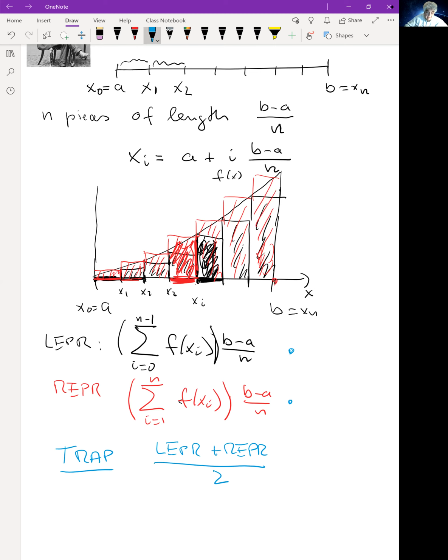And the reason why this is called the trapezoidal rule is that if you take a black rectangle like this, and you take a red rectangle like this, so the black comes from the left endpoint rule and the red from the right endpoint rule, and now if you take the average of the area of these two rectangles, you get the area of the blue trapezoid.